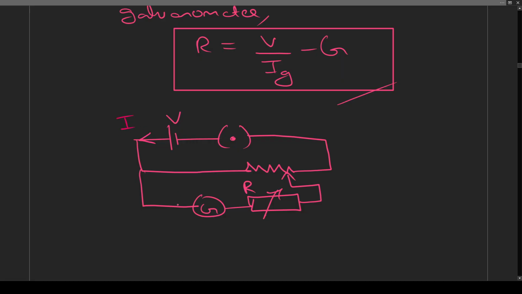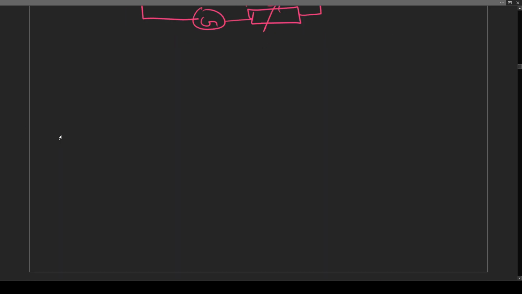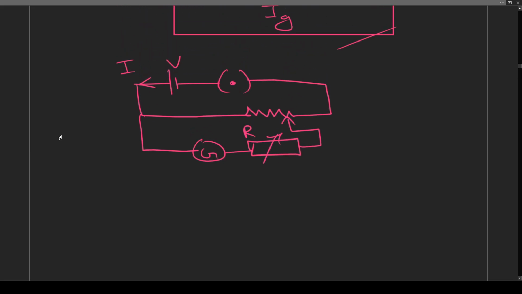Now consider this loop. Before that, we need to draw the voltmeter as well. It might be better to draw. Let's assume the current passing through these, which are connected in parallel.